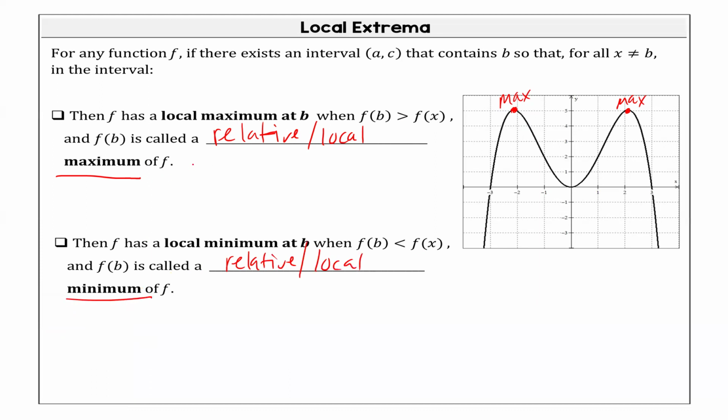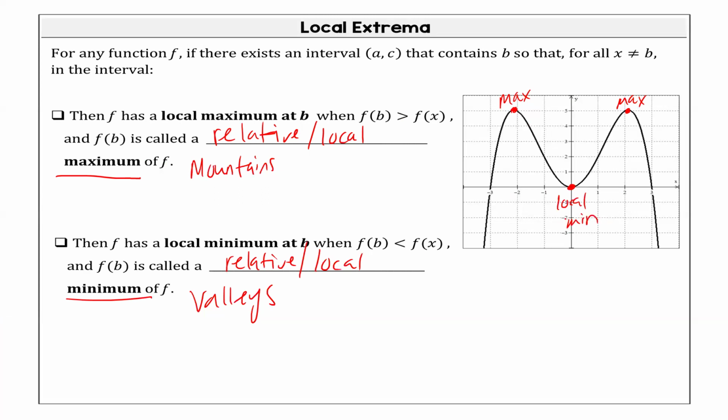So key thing, how I remember: think mountains and think valleys. Where do I have a valley? Here. So this would be a local min.